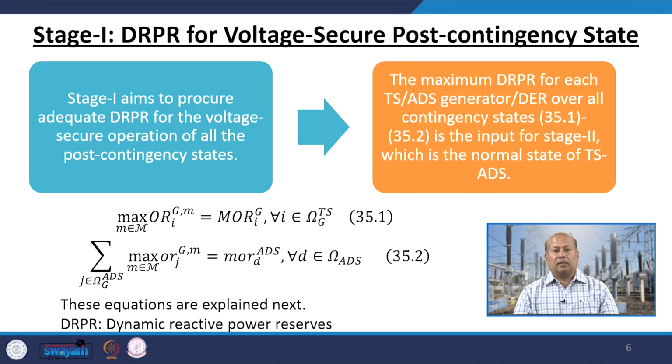Now, stage 1 concerns the DRPR for the voltage secure post contingency state. Stage 1 aims to procure adequate DRPR for voltage secure operation of all the post contingency states, and then the maximum DRPR for each TS-ADS generator or DR over all contingency states, from equations 35.1 and 35.2, is the input for stage 2, which is the normal state of TSO-DSO.